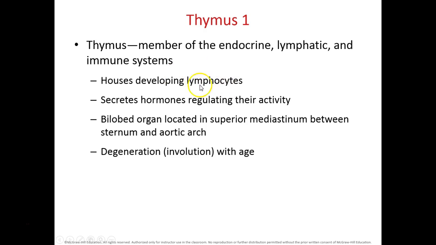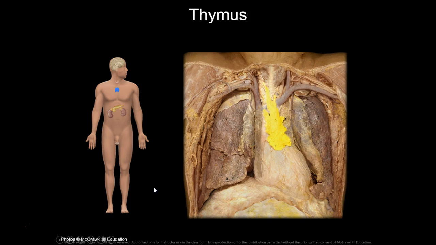All right, that's going to be its immune function, secretes hormones regulating their activity. That's its endocrine function. And then it's a bilobal organ located in the superior mediastinum between the sternum and the aorta. This is that organ that sits like right on top of the heart. And it degenerates with age. It's usually most functional till about your teen years, till about 12, 13. All right, so here's showing where the thymus sits right on top of the heart there.